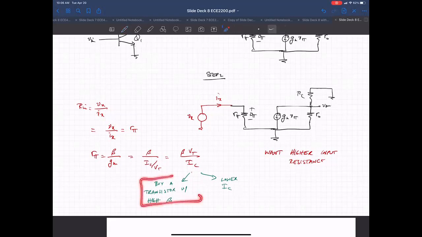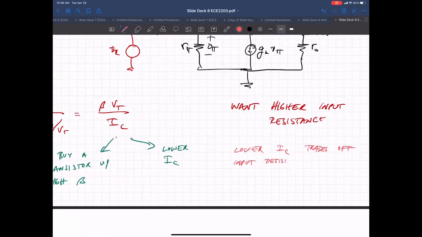A transistor with higher beta is generally a good thing, so you'd like a high beta. But lowering your I sub C is good for your input resistance, and here's an example of a trade-off, which is the interesting part of circuit design: lower I sub C trades off input resistance with gain.